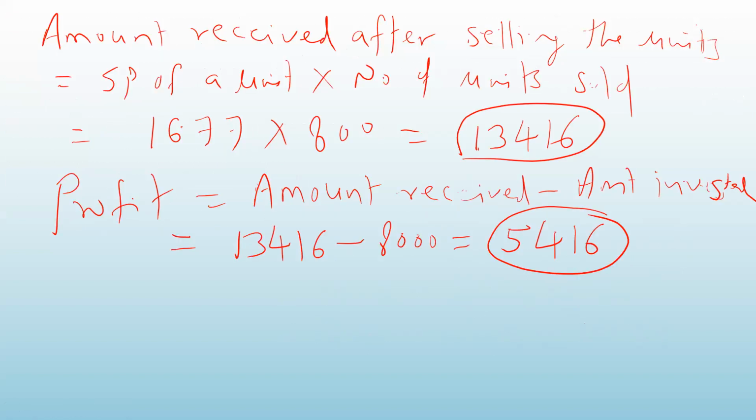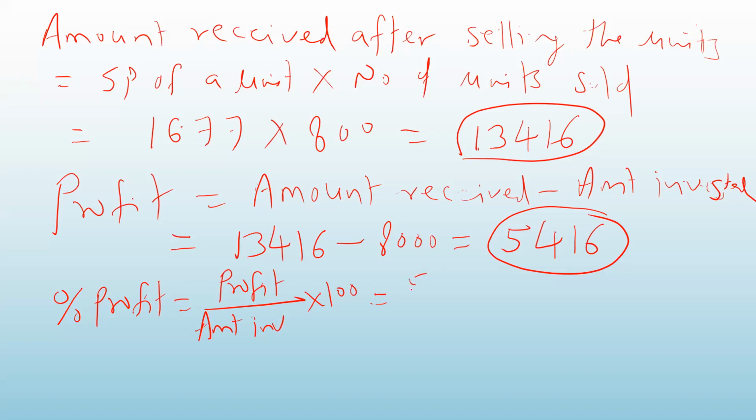Percentage profit. How do you calculate the percentage profit? Percentage profit is equal to whatever profit she earned divided by amount she invested, into 100. So profit earned is 5,416. How much amount was invested? 8,000, into 100.